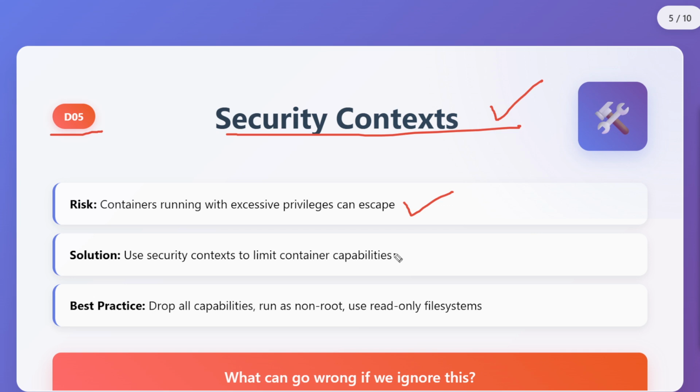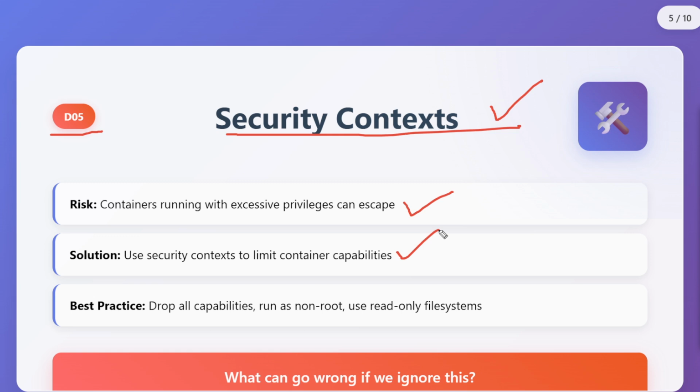Coming to the associated solution for this, we need to use security context to limit a container's capabilities. That means a security context will basically define what a container can do and what a container cannot do.